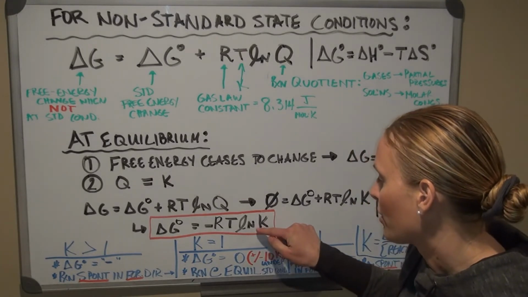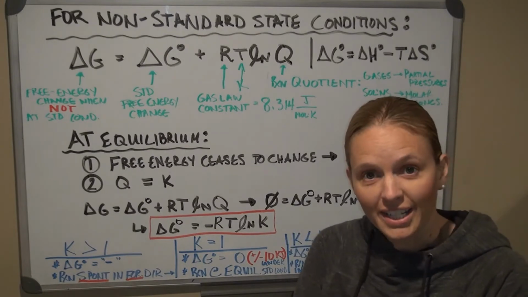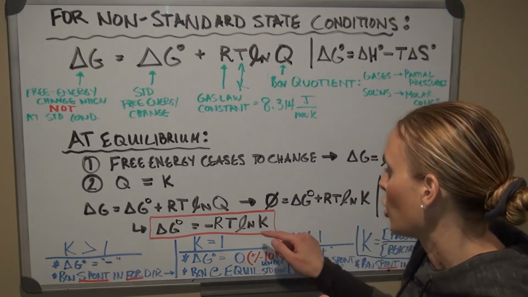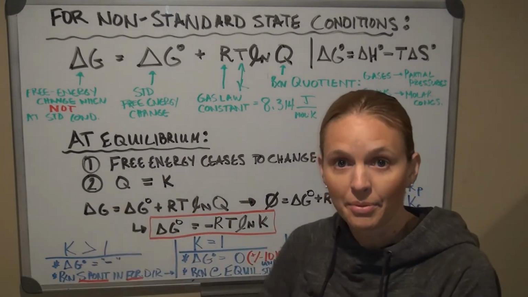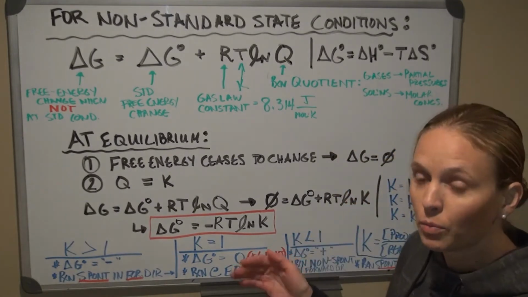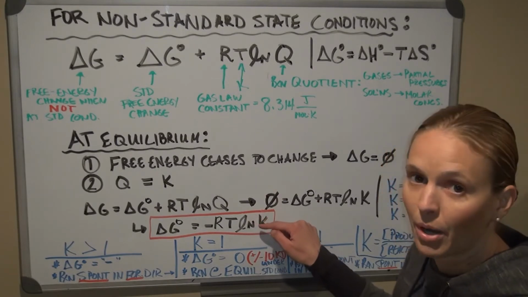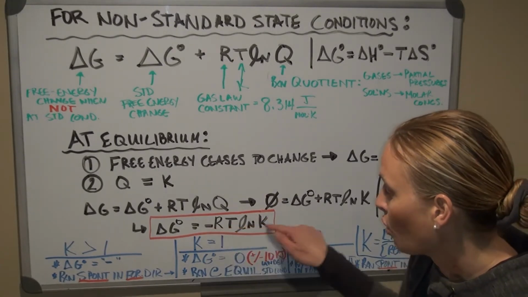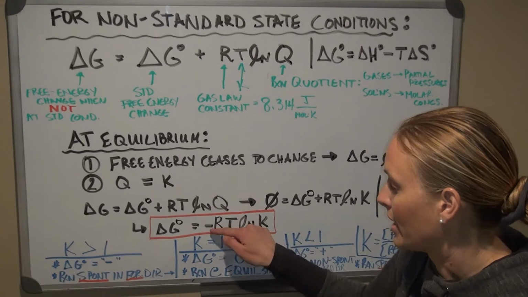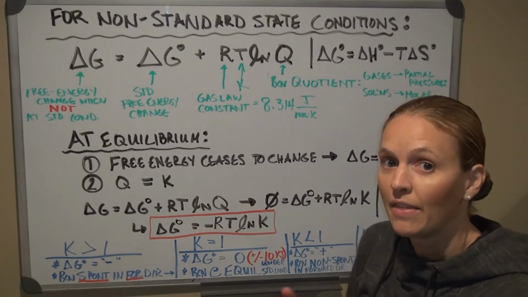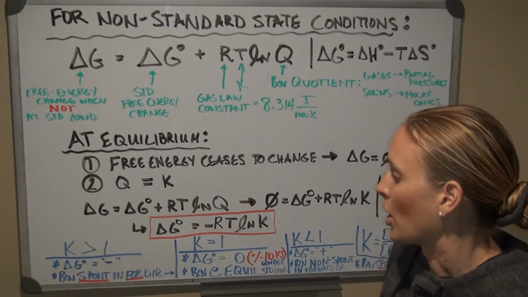If K is greater than 1, well, ln of 1 is 0. Okay? So if we're at 1 point something, greater than 1, then ln of K will be a positive number, and it is multiplied by a negative overall number here to become negative. And the negative means it is spontaneous.